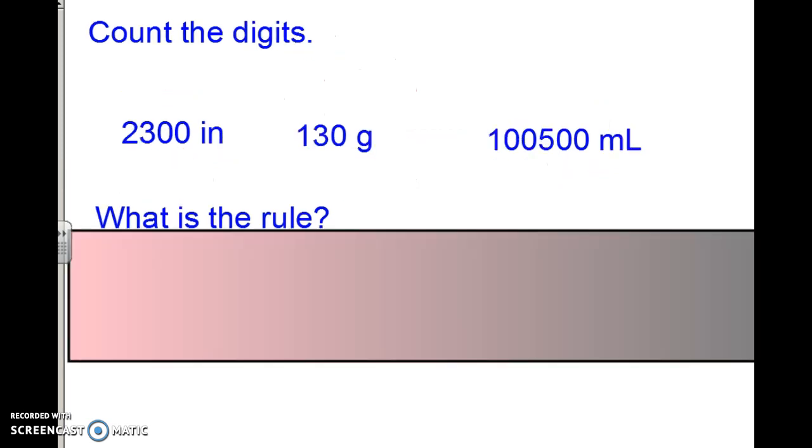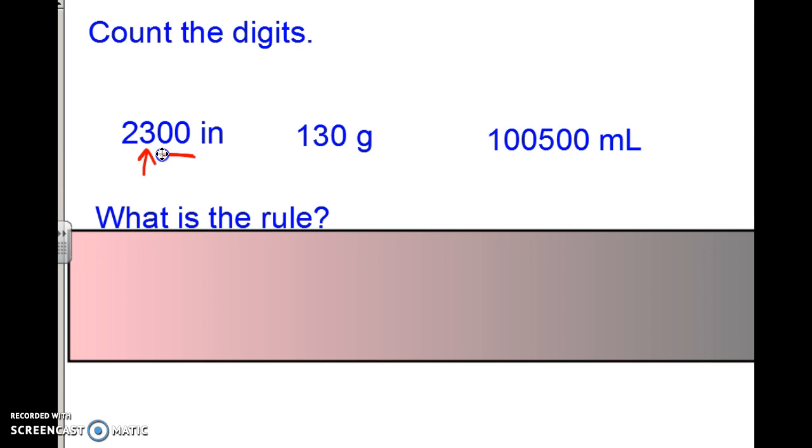This next one is one that really gives a lot of students problems. So this is rule number 4. Zeros to the right of the last non-zero number are not significant if there is not a decimal point in the number. Zeros to the right of the last non-zero number are not significant unless there's a decimal point.